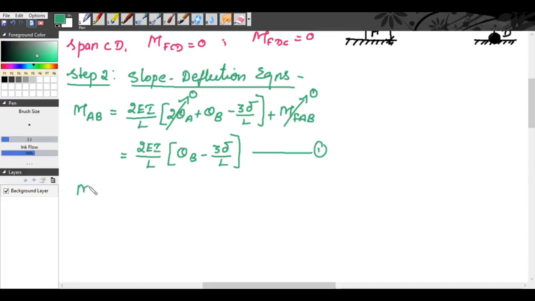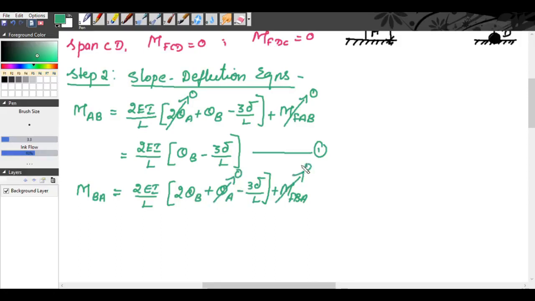Now MBA will be equal to 2EI by L into 2 theta B plus theta A minus 3 delta by L plus MFBA. Here theta A is equal to 0 and MFBA is equal to 0.